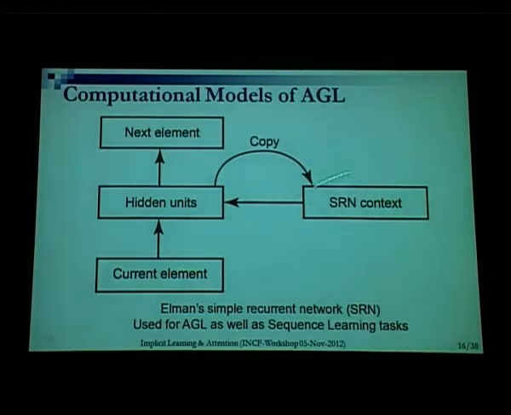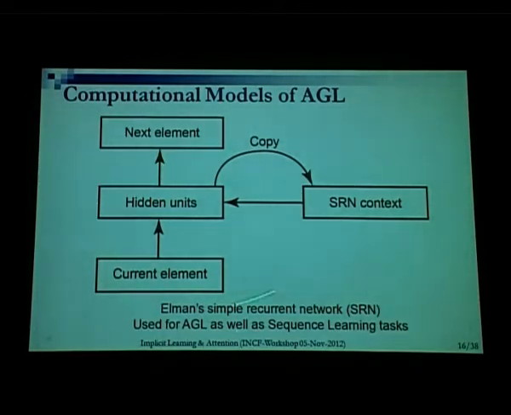As it learns, this temporal window looks at the relationship between successive items. So after learning, what this network is able to do, given the current element, is predict what follows next. And the knowledge within this network is implicit in the sense of it being distributed over the weights of the network.